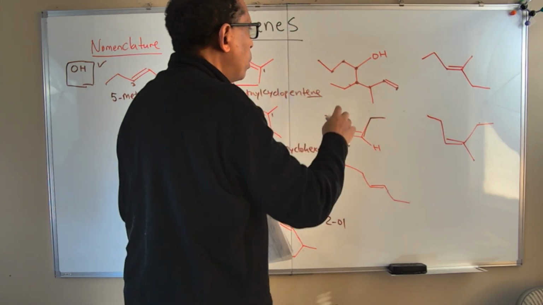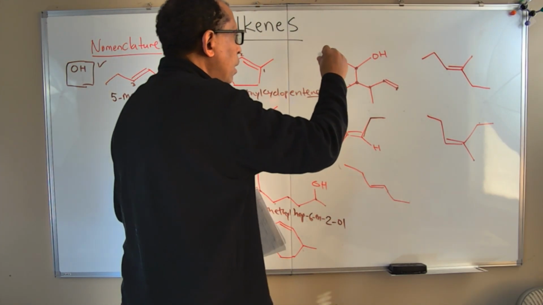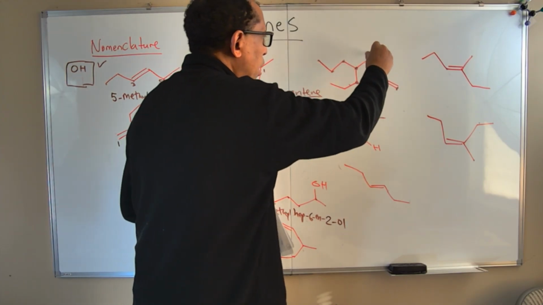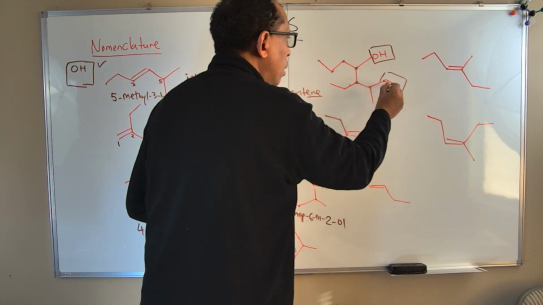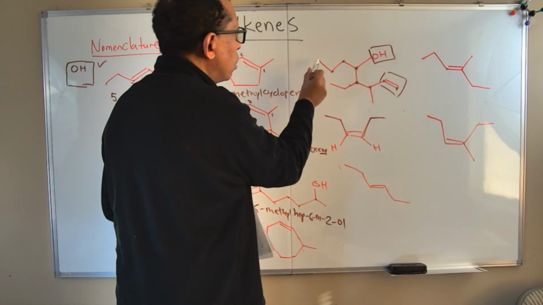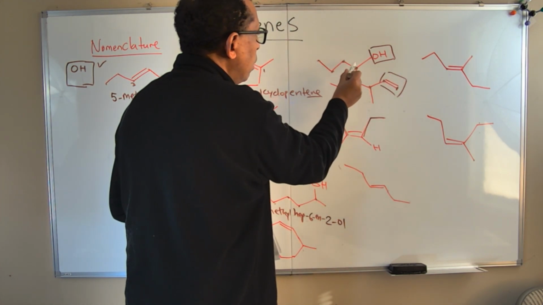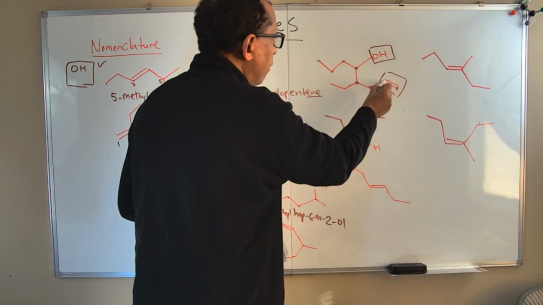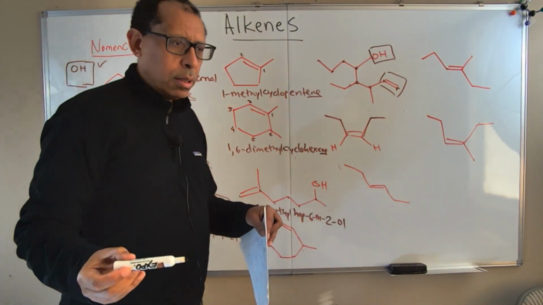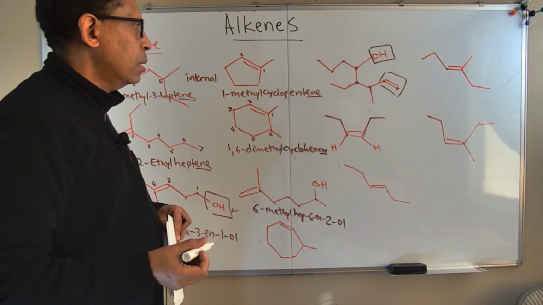For this compound right here, I have the longest chain, which contains the alcohol, and also the double bond. So it's 1, 2, 3, 4, 5, 6, 7, 8. So this is an oct compound.